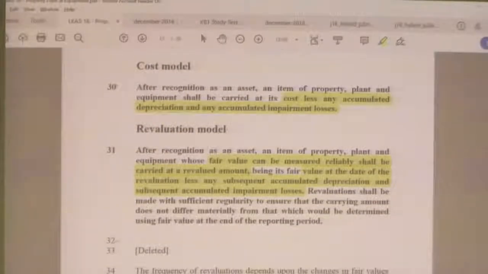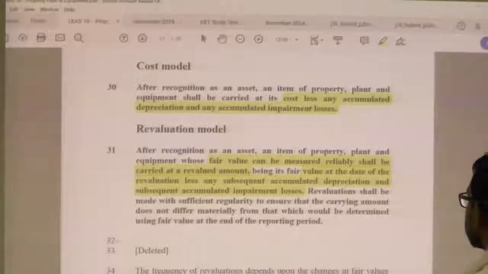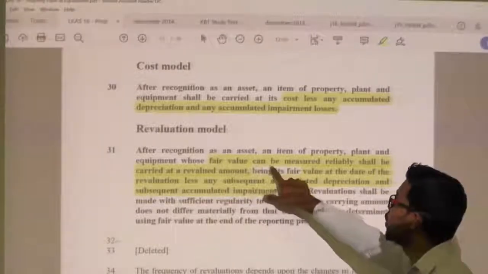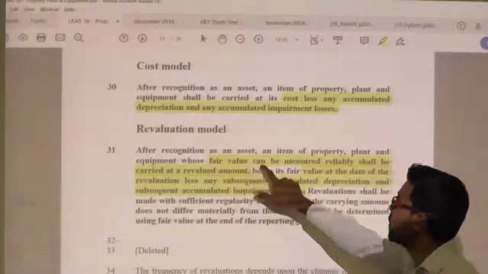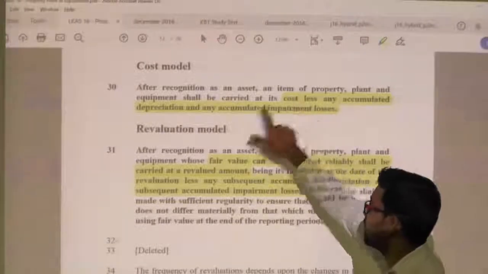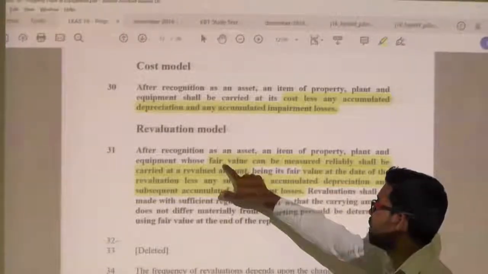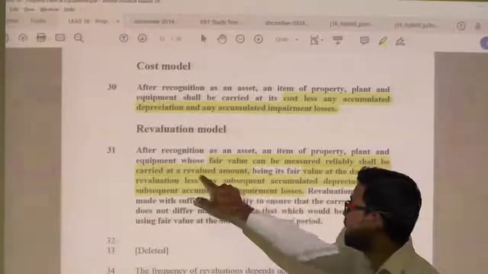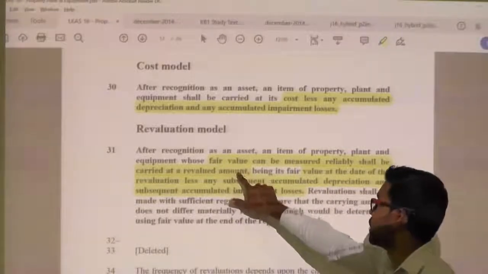Go to the revaluation model. After recognition of an asset, property, plant and equipment whose fair value can be measured reliably shall be carried at the revalued amount.